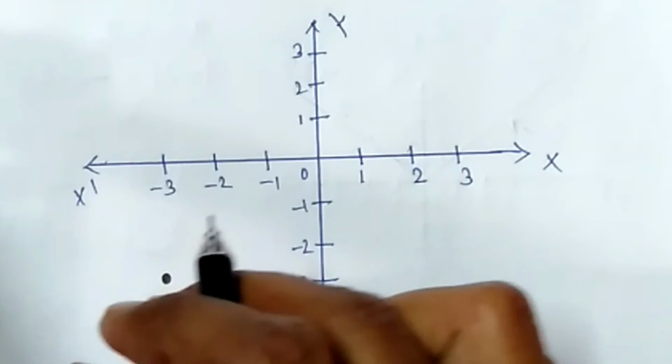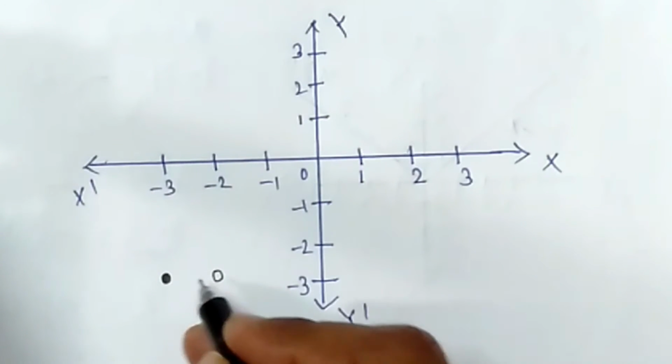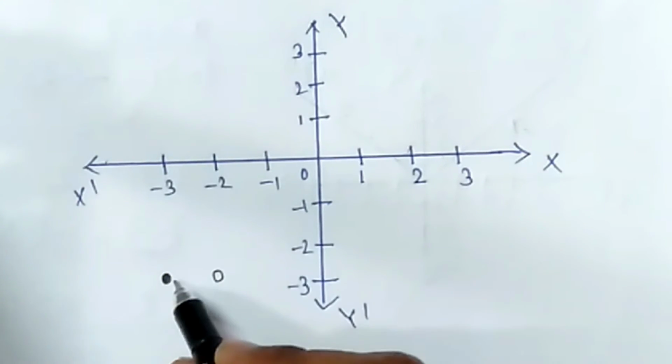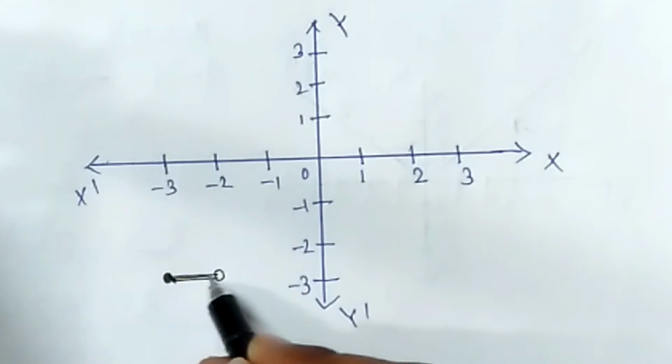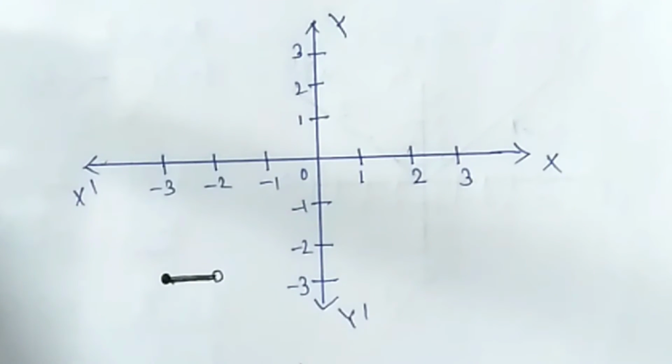So for all the fractions in between minus 3 and minus 2, the values will be minus 3, right? So for minus 3 to minus 2, the values will be minus 3. This point is included and this is excluded.